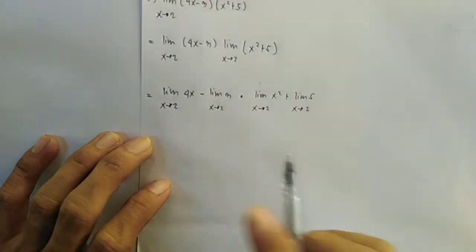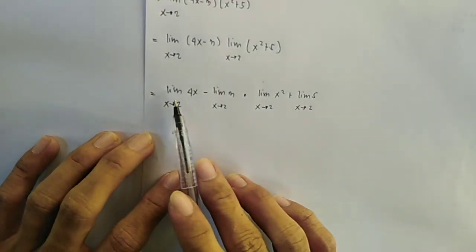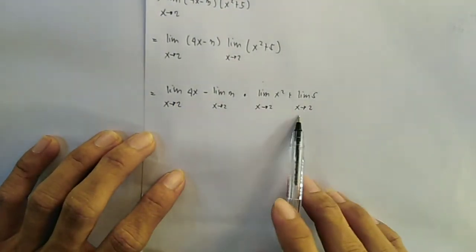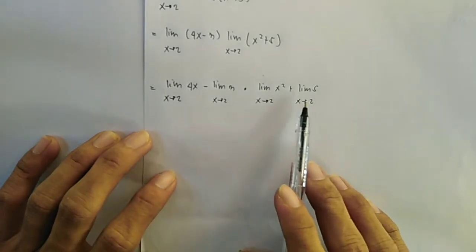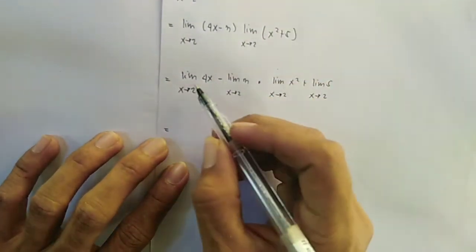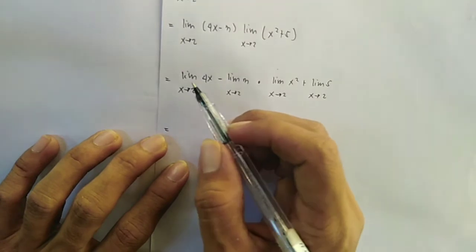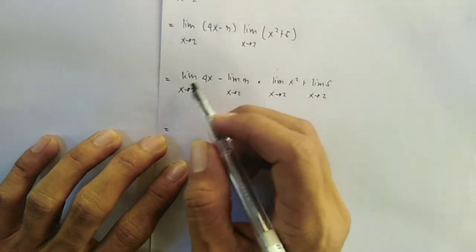Okay, that's it. We just simply distribute the limit notation to each term of the expressions.